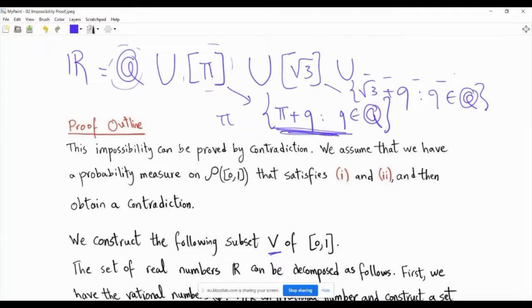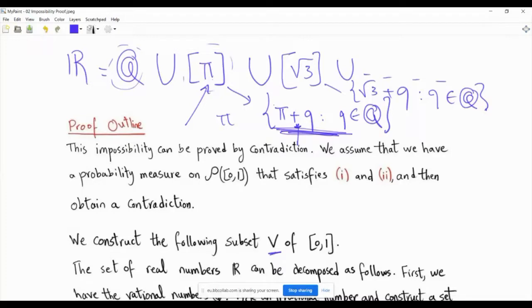So each of those sets is characterized by the property that the difference between two numbers in it is a rational number. If you take the difference of two elements of this subset of R, then pi will cancel, and you get the difference between two rational numbers, and the rational numbers are a field, so they are closed under addition, and this means that the difference between two rational numbers is always a rational number.